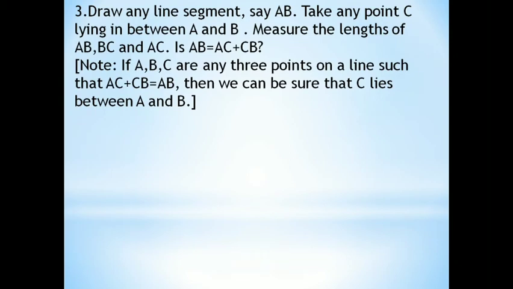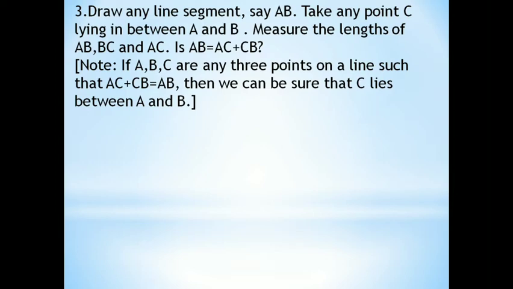Now the third question. Draw any line segment and give it a name, say AB. Take any point C lying between A and B. Measure the lengths of AB, BC and AC. Is AB equal to AC plus CB? Now they give us a note.